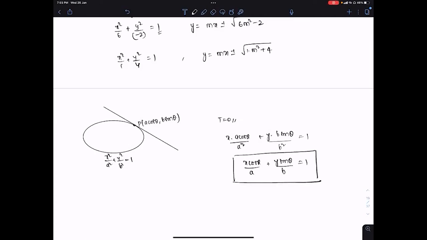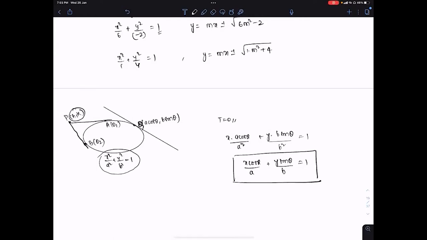Now, where do we use the parametric form? If from an external point you draw tangents, then in parametric form you have theta. If from h comma k you're drawing tangents to this ellipse, the points where the tangents contact will have some parametric eccentric angles, let's say theta 1 and theta 2.